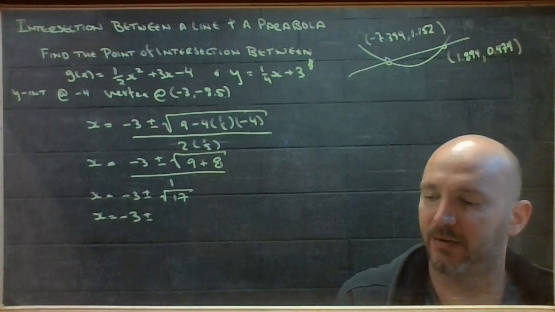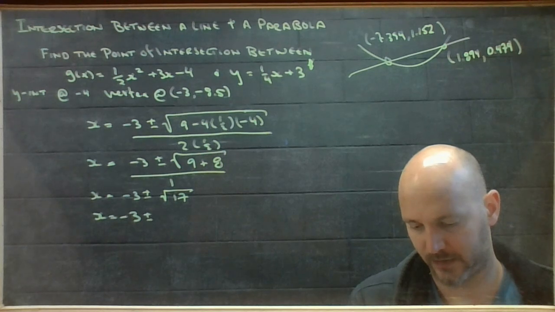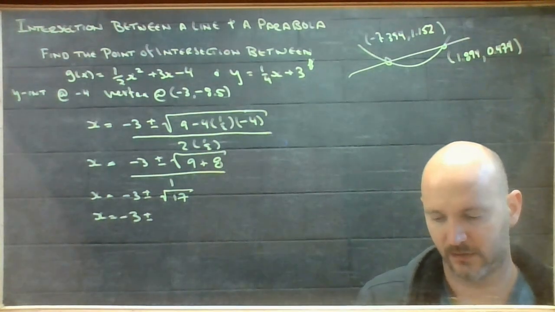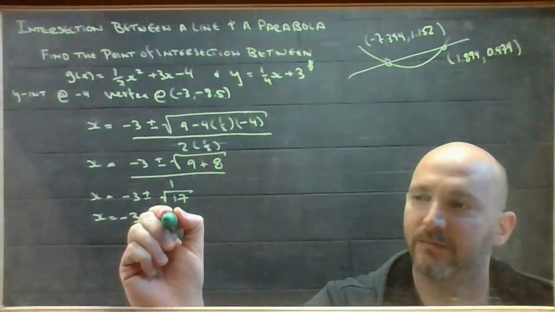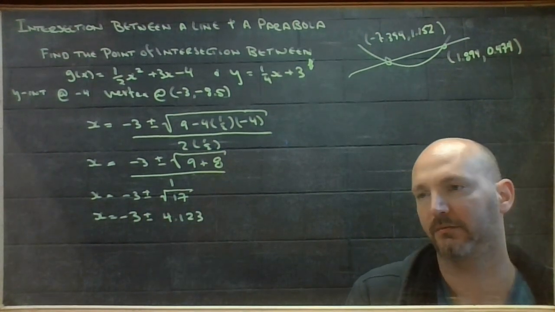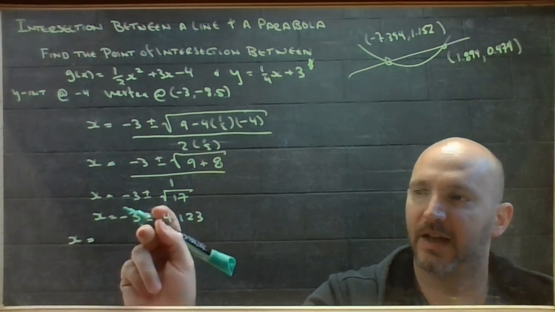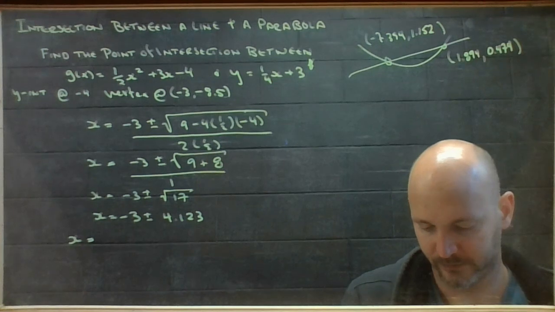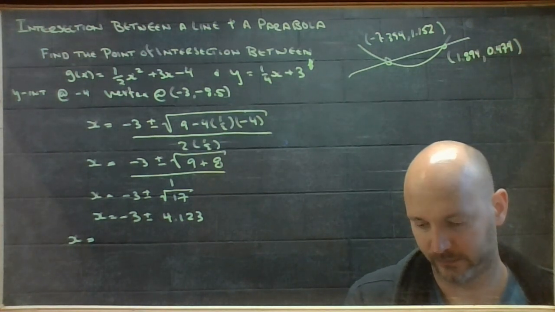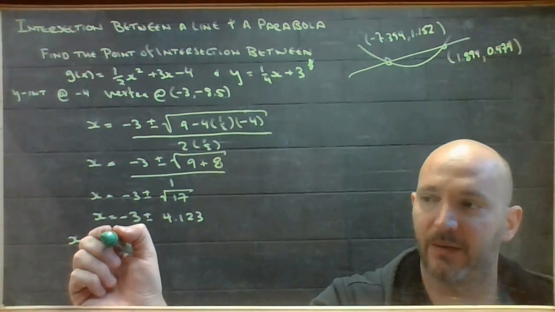We're going to have to square root 17. Root 17 is 4.123. It's a fun number. So case 1 would be negative 3 plus that, which gives me 1.123.